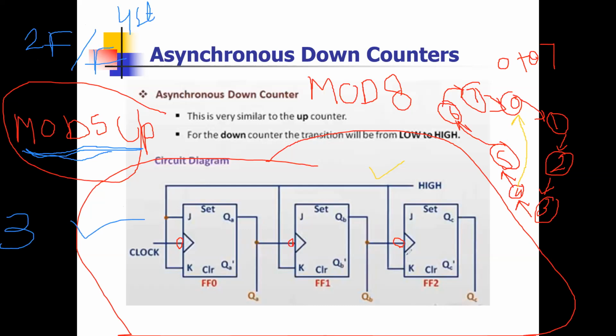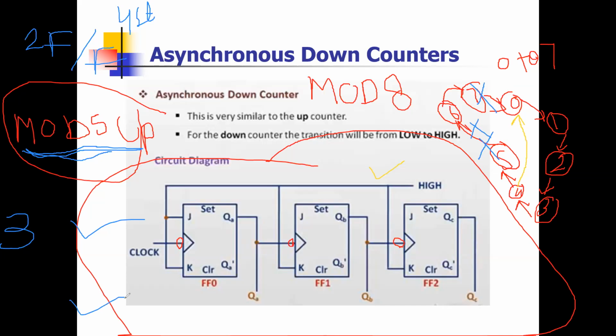But 3 flip-flops will give me 0 to 7. I don't want 5, I don't want 6, I don't want 7. So I want to remove these. How can I remove them? The diagram is correct, but I need to do something so that it will not give me the result at 5, 6 or 7.